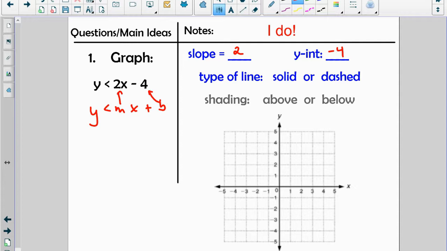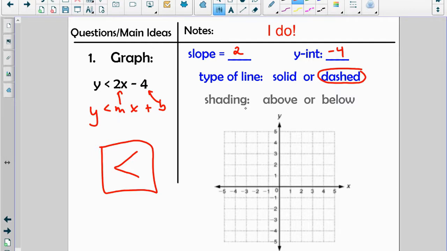Now, in terms of the type of line that we draw and the shading, we look at the inequality symbol, less than, and that tells us both of those items. Because it's less than but not equal to, we're going to draw a dashed line. Remember, it's only the or equal to's that we would draw a solid line. So we have a dashed line that we'll draw in just a little bit.